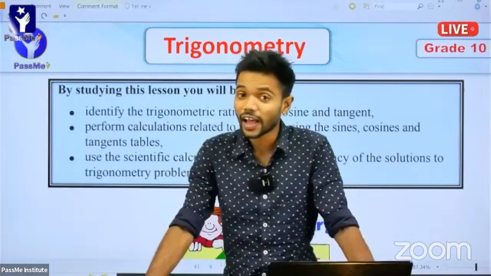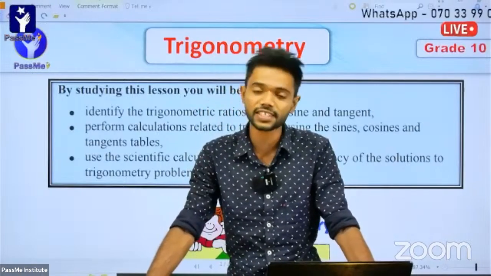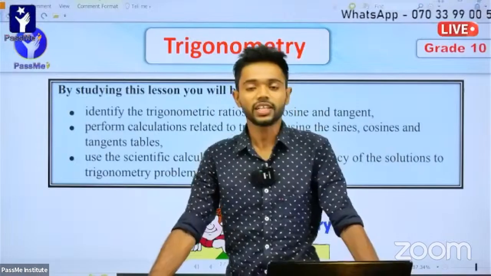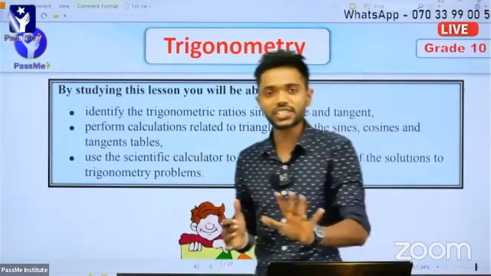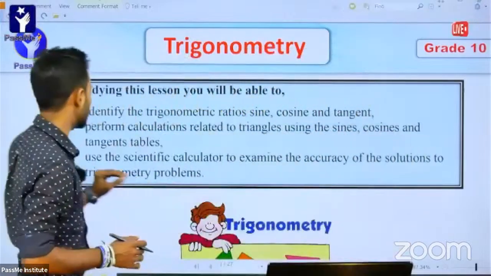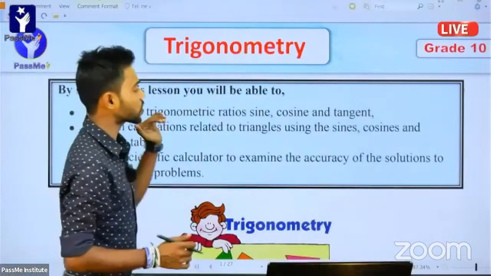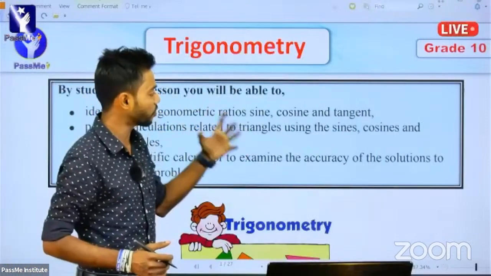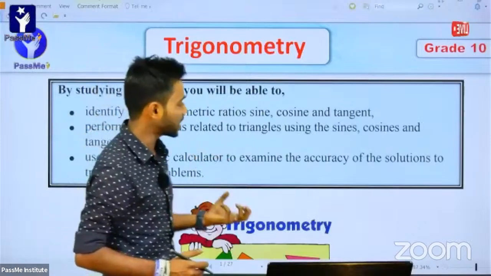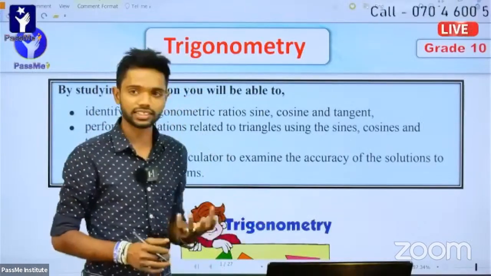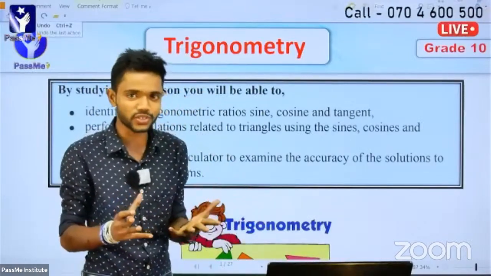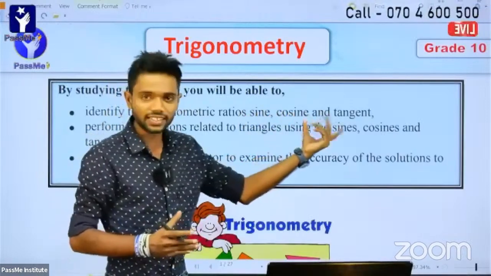Okay, today we have to learn the basics of trigonometry. By studying this lesson, you will be able to identify the trigonometry ratios. I will introduce what those ratios are, like sine, cosine and tangent. So there are three ratios, right? Sine, cosine, and tangent.